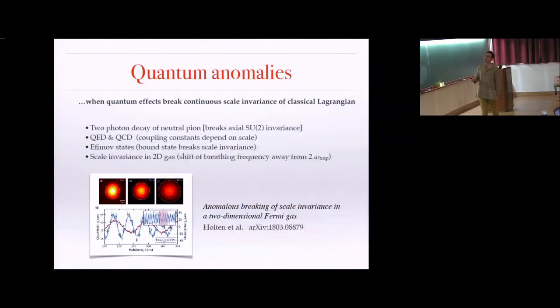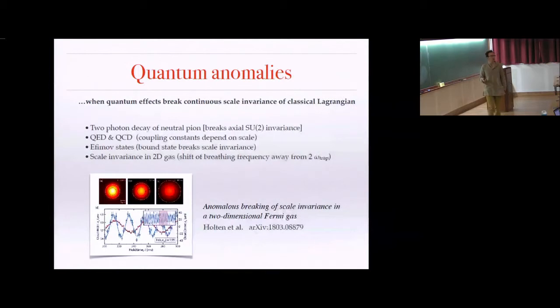Examples are breaking of axial SU(2) invariance, where the pion can have 2-photon decay. QED and QCD basically have broken scale invariance. These Efimov states I just talked about, and this scale invariance in 2D gases, they're all examples.